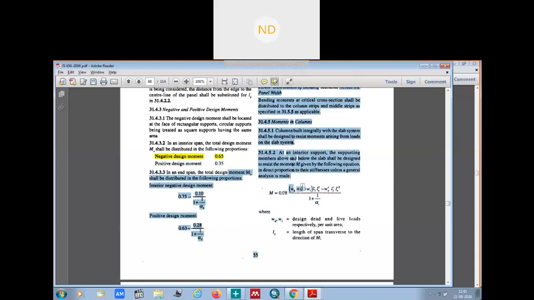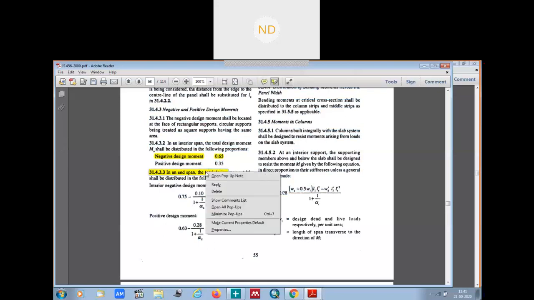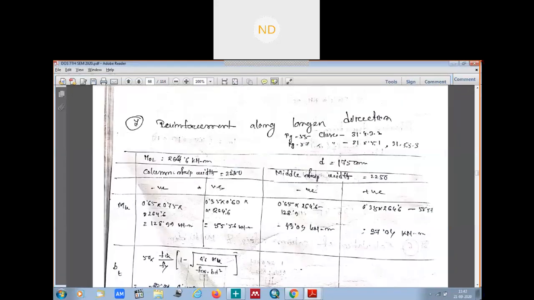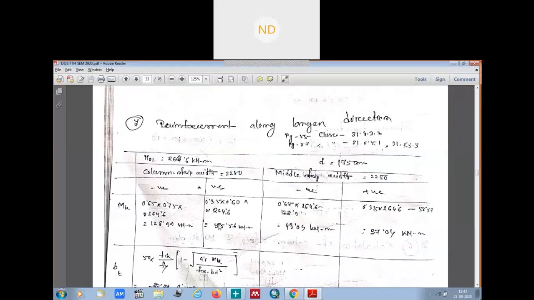And now, for the positive moment, we have 0.35. The total design moment shall be distributed, for the positive design moment, as 0.35, so we have multiplied by 0.35 here.